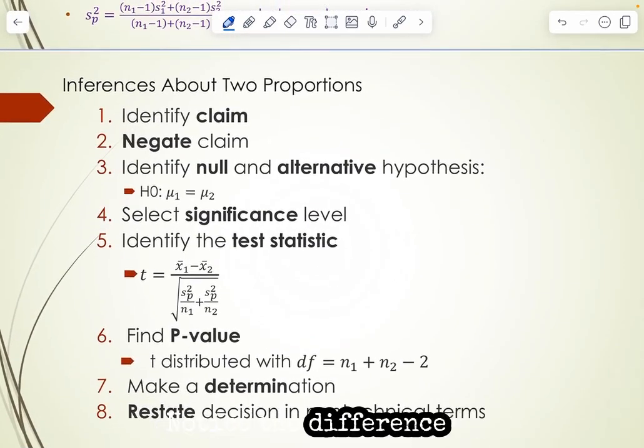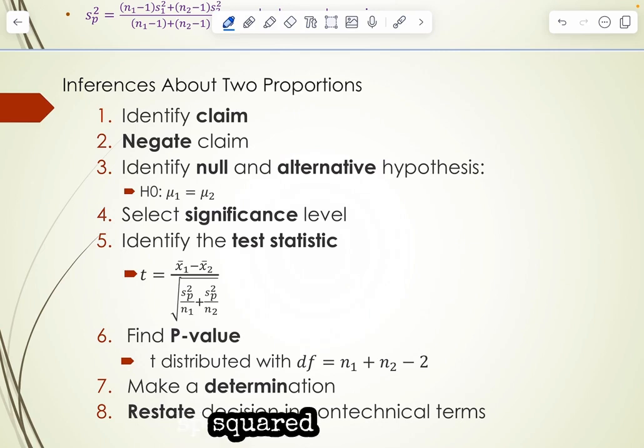Notice the difference. In the test statistic, you have Sp squared rather than S1, S2, and the degrees of freedom is also different. But other than that, it is exactly the same.